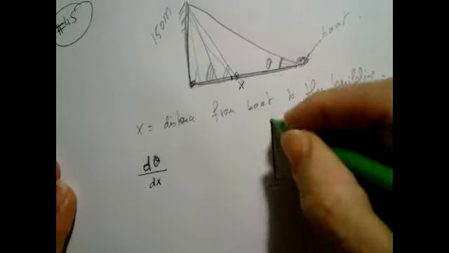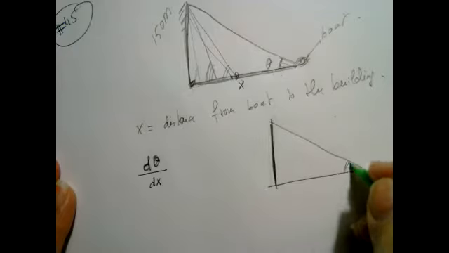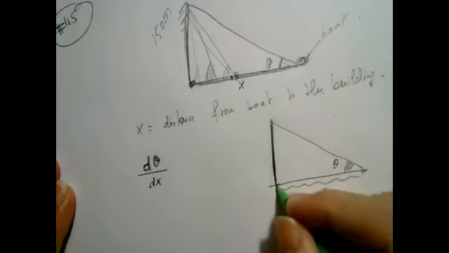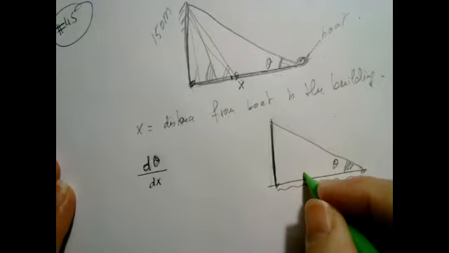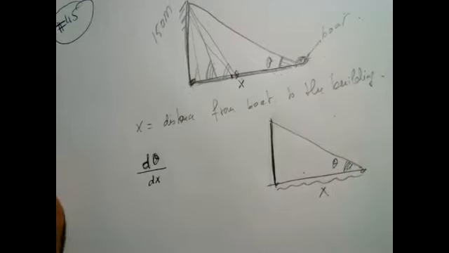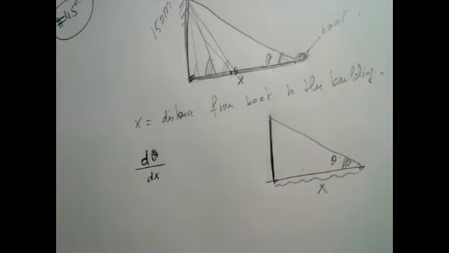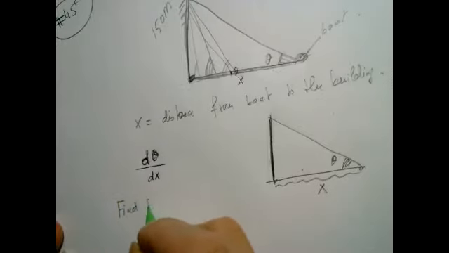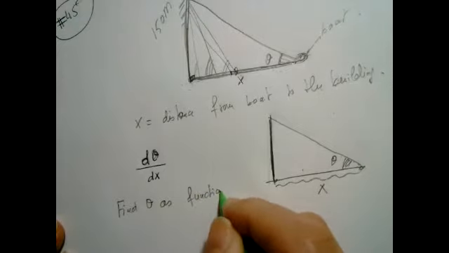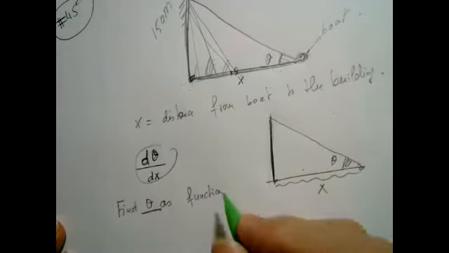Theta changes with x, where x is how far the boat is from the building. I want to find how fast theta is changing with x, so I need theta as a function of x to find d theta dx.